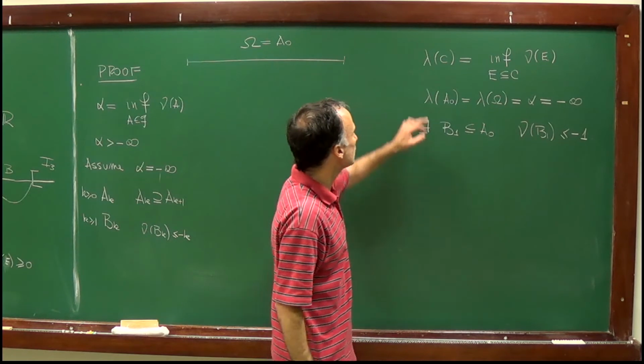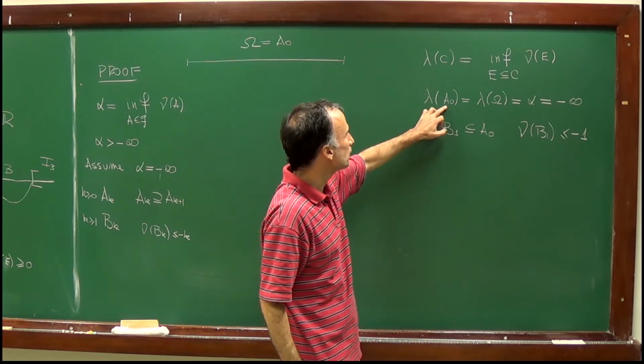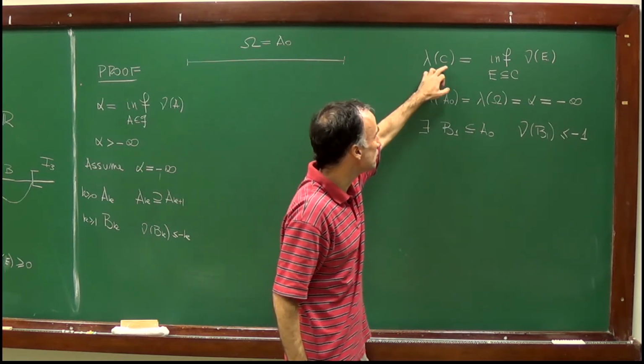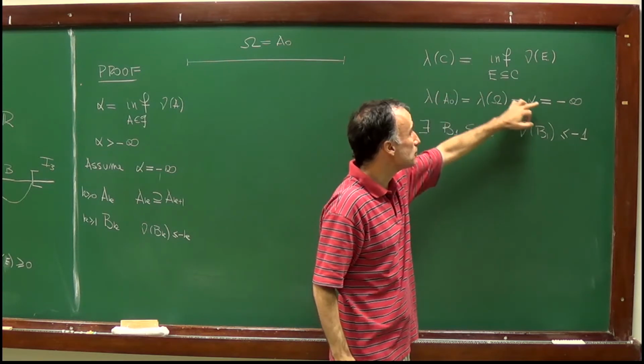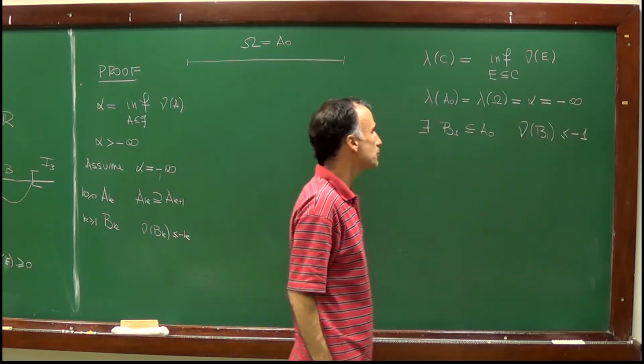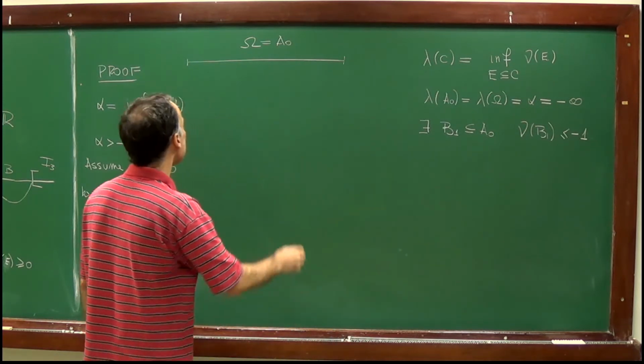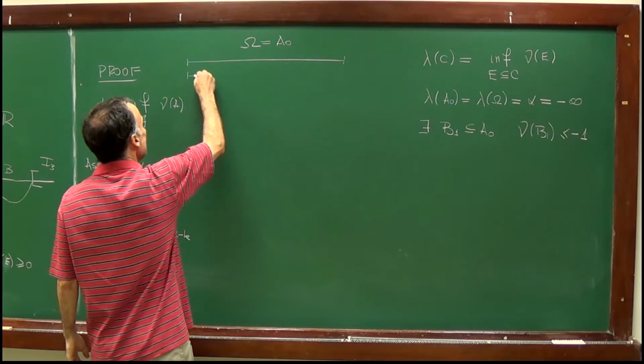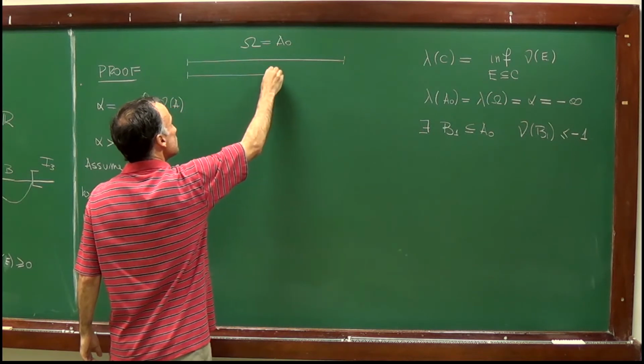Because, by definition, this infimum is minus infinity, therefore I can find one which has a measure minus 1. So here is my set B1.